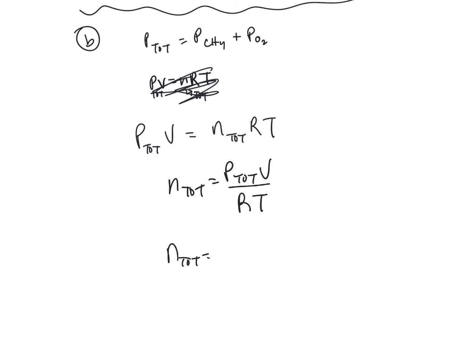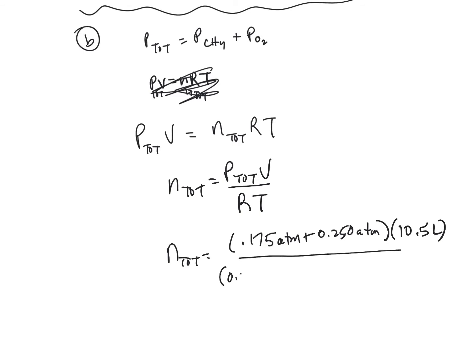So N total is equal to P total, which is 0.175 atmospheres plus 0.250 atmospheres. The volume is 10.5 liters. The temperature, well, R is 0.08206 liter atmosphere per mole per Kelvin.